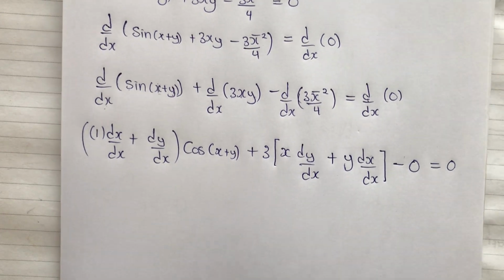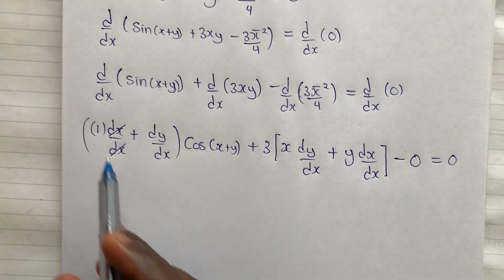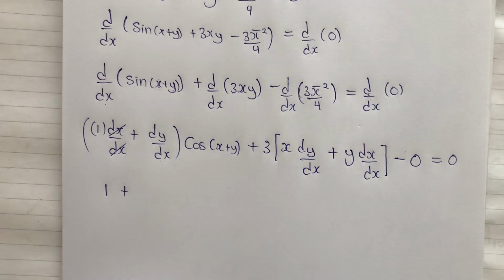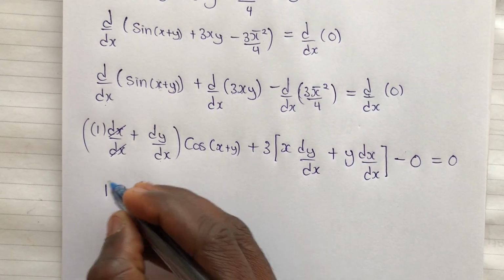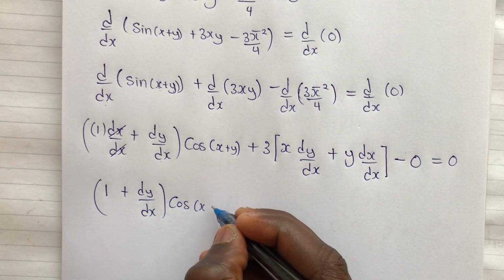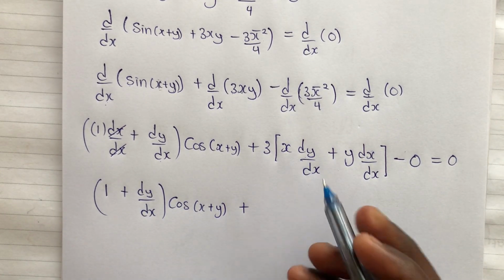So the next thing we need to do is to know that this and this will cancel, giving us 1. 1 times 1 is 1. Plus, this and this cannot cancel, so we still have our dy/dx. Put this in brackets, multiplying cos(x + y). Plus, now this can multiply this.